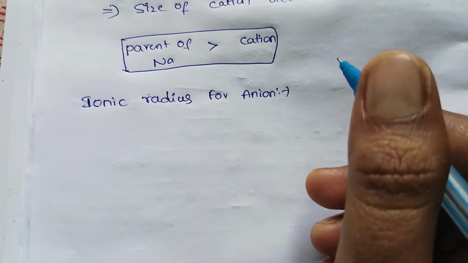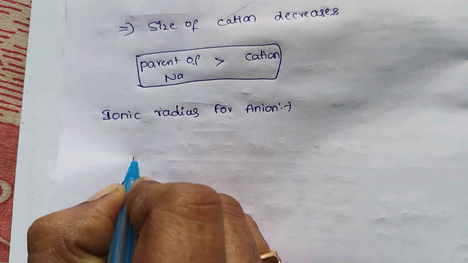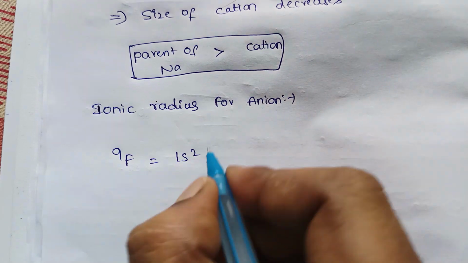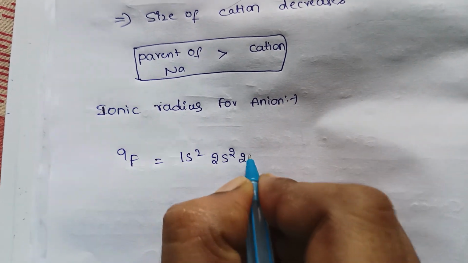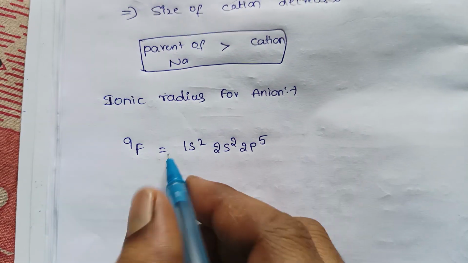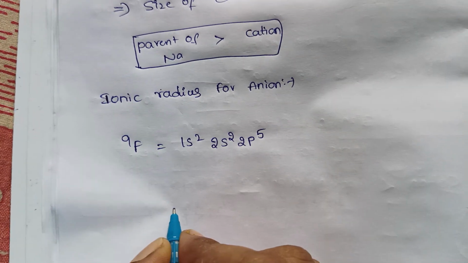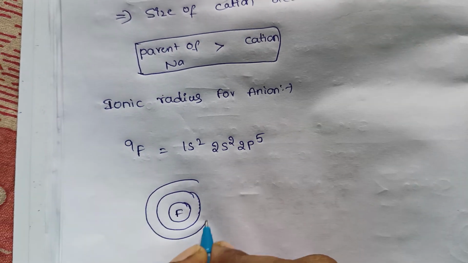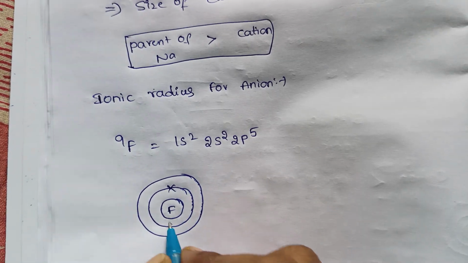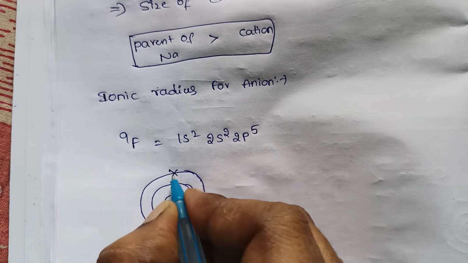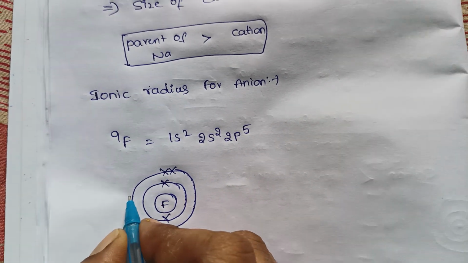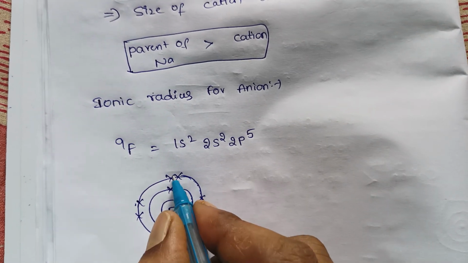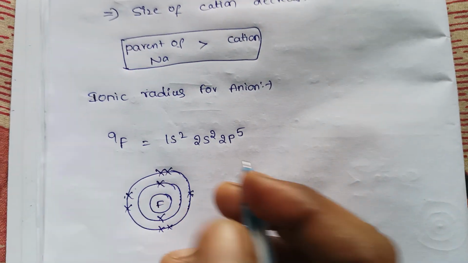Ionic radius for anion. If we take a neutral atom of fluorine, the atomic number is 9 and the configuration is 1s2, 2s2, 2p5. The first shell has 2 electrons and the second shell has 7 electrons.